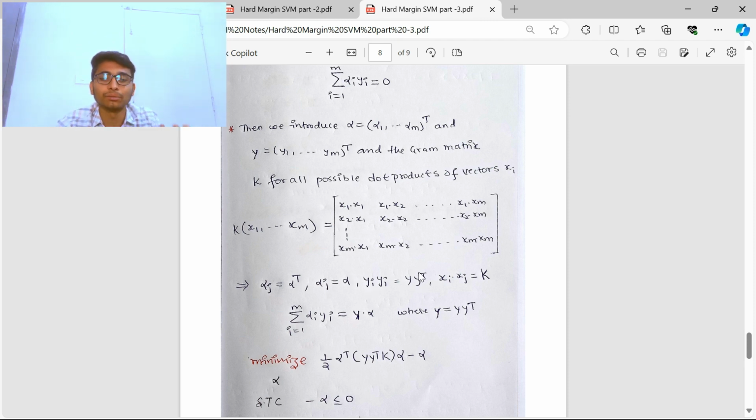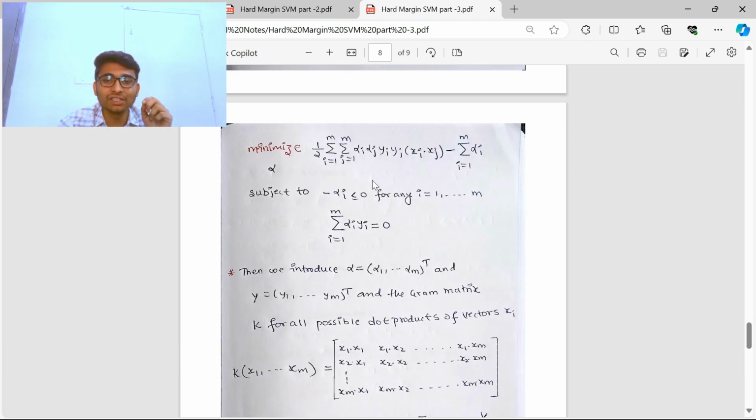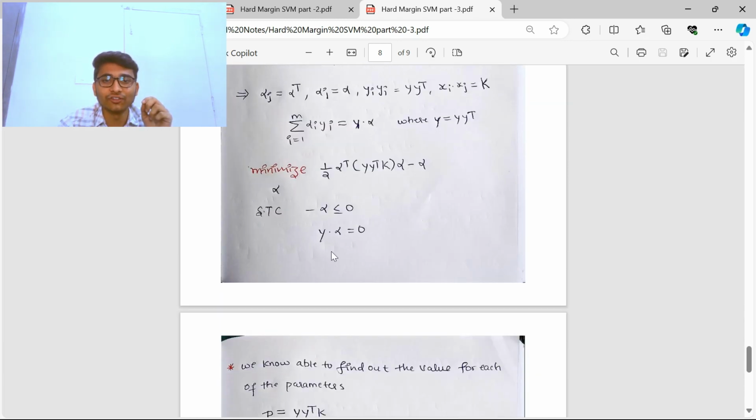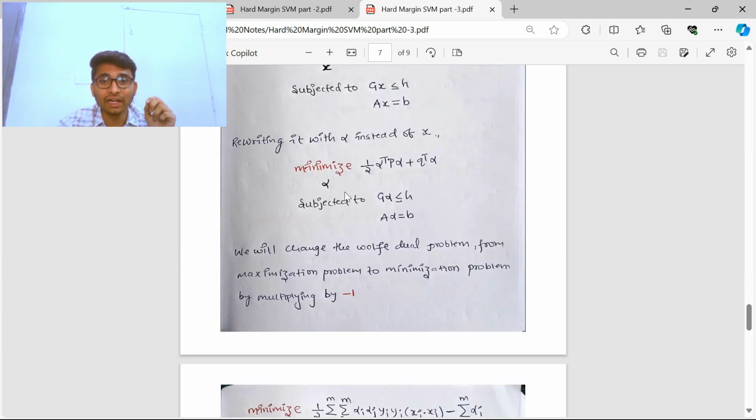Because now we make them as matrices, so matrix multiplication applies, that is y into y transpose, and xi dot xj as K. Just substituting these values, we came up with minimizing half into alpha transpose, y y transpose K alpha minus. Now it is looking like this.